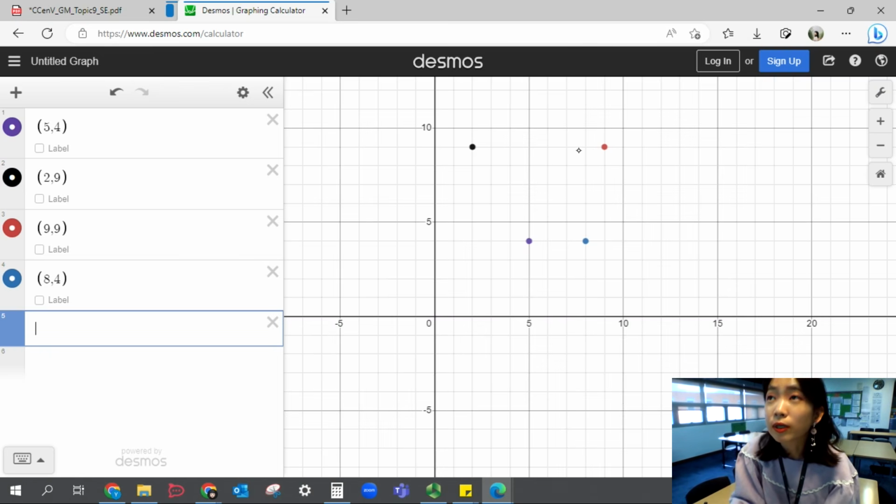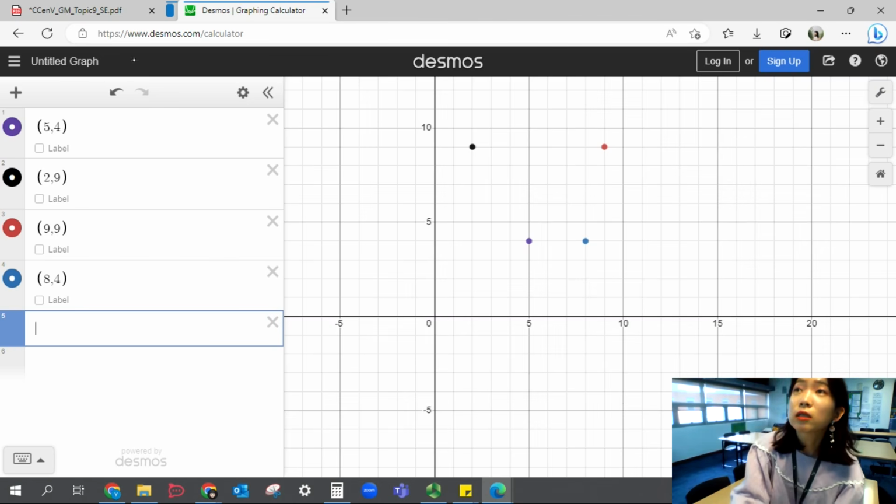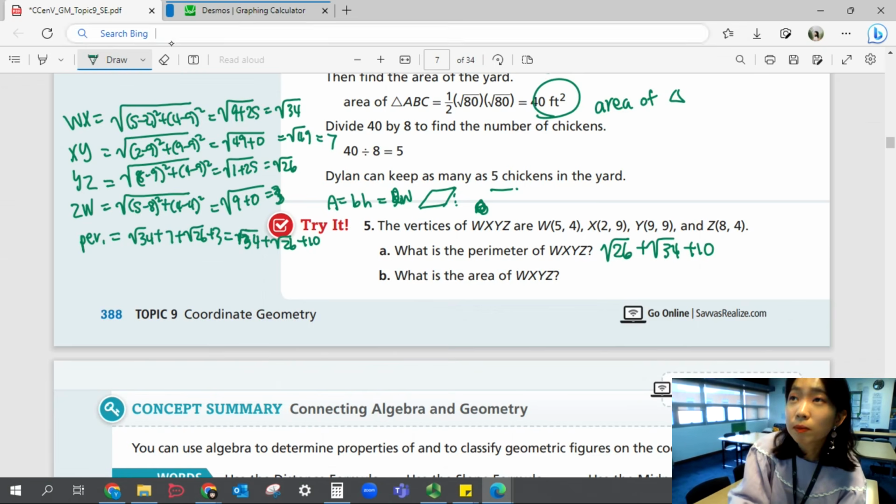Using the area of the trapezoid, you have to figure out the distance of these two bases. So then figure out the distances of WX and YZ. So let's do that. That's our plan.